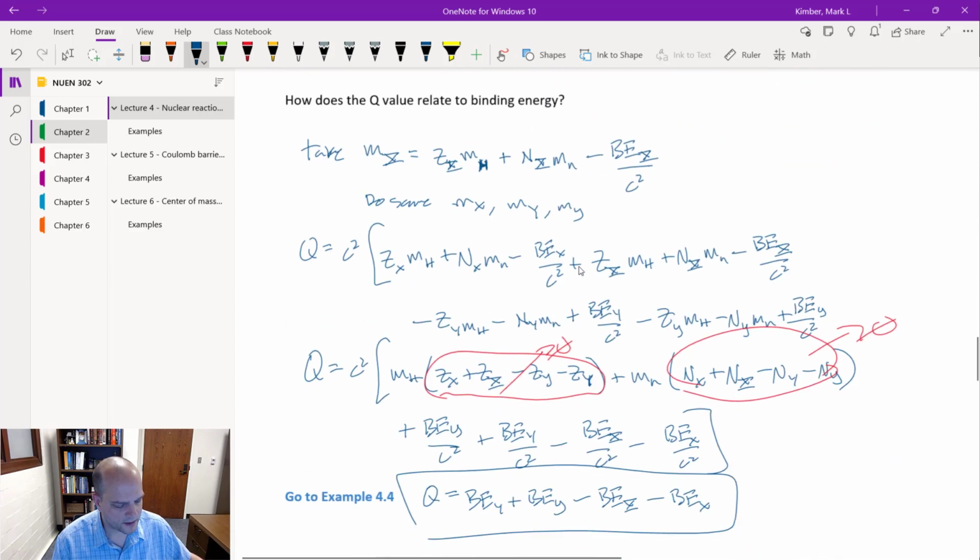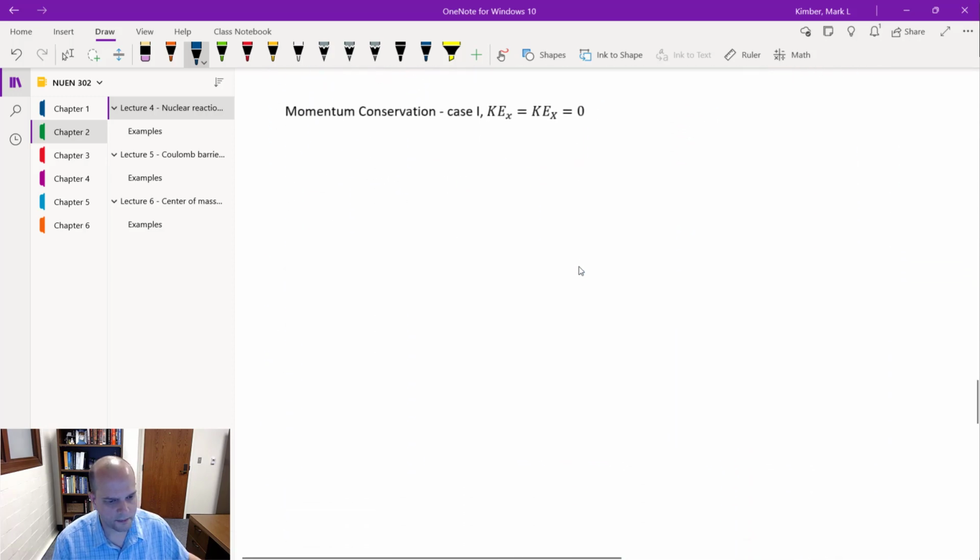So the linear momentum must be conserved here, and what that means, in talking about this, we're going to first take the easiest case, and that is where we take the kinetic energy of both reactants, our target and our projectile, to be 0, which means they're both stationary.